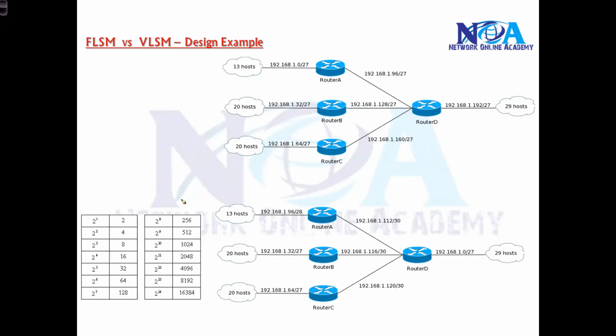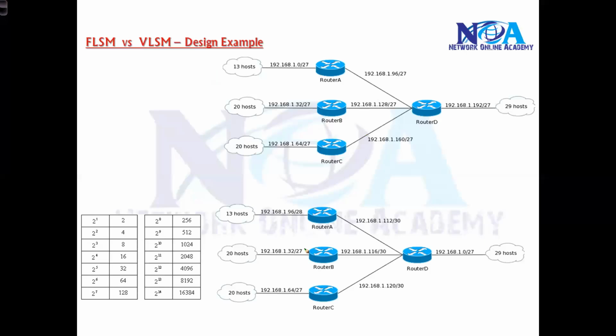If you take the same example with VLSM, we are not going with the same size for every requirement. The requirement is 13 here, 20 here, 20 here, 29 here, and of course 2 for these interfaces. In this VLSM design, the first requirement is 29.